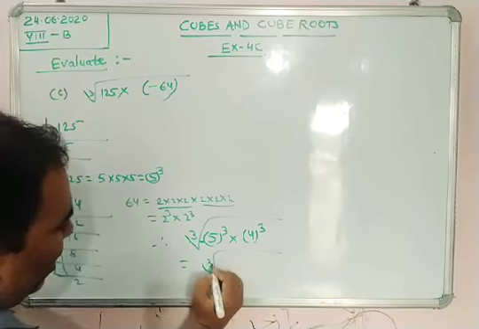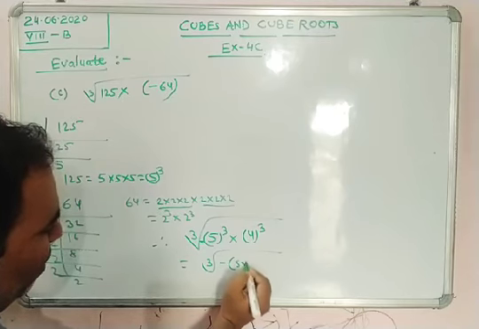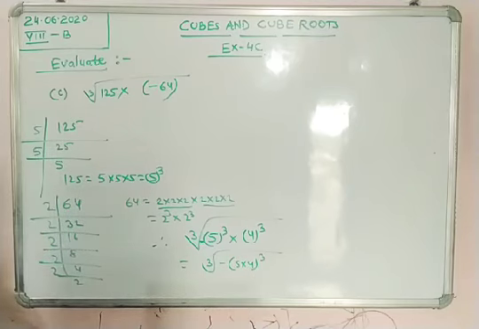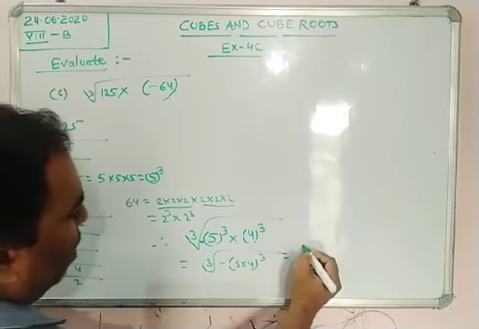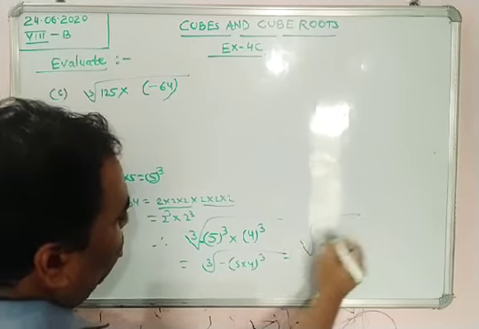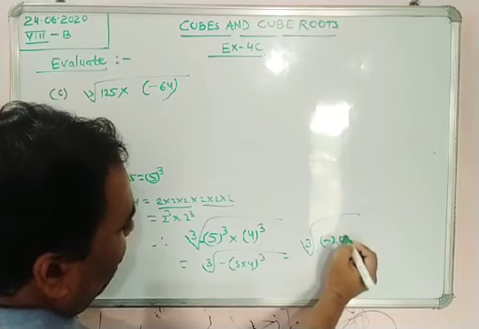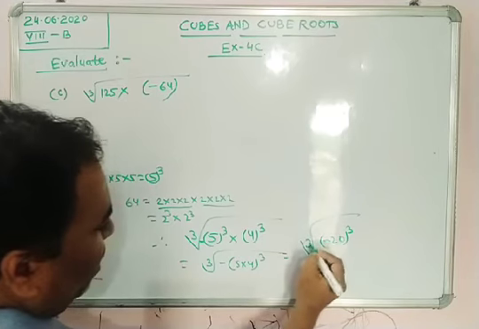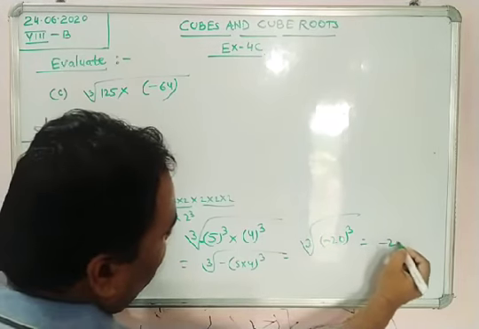So cube root of minus 5 into 4 to the power 3. Minus 5 into 4 will give you 20. So cube root of minus 20 to the power 3. This 3 will get cancelled and minus 20 will come out.